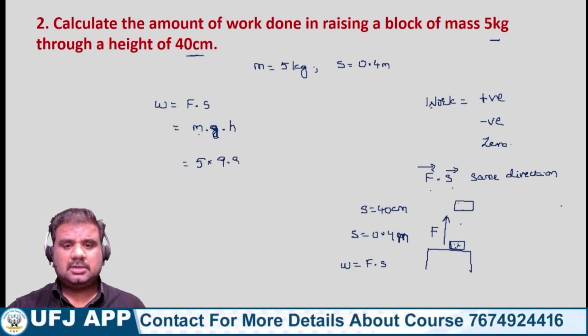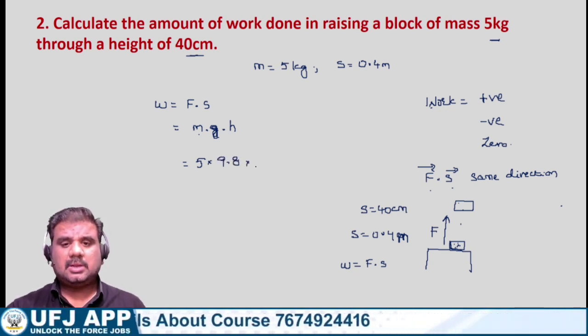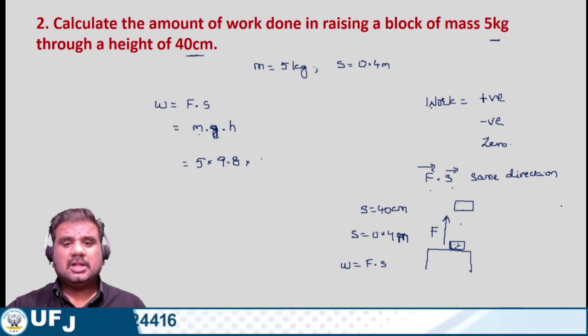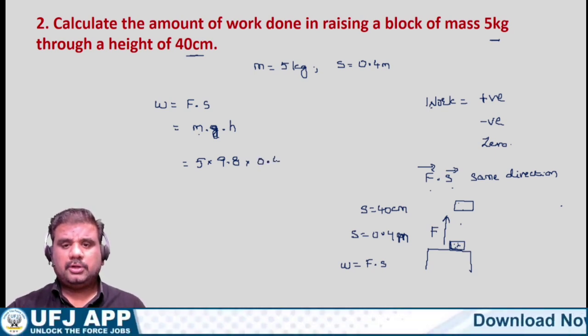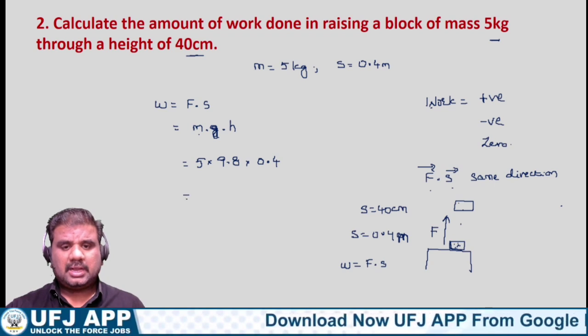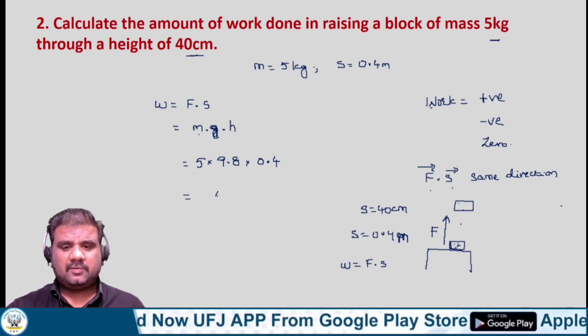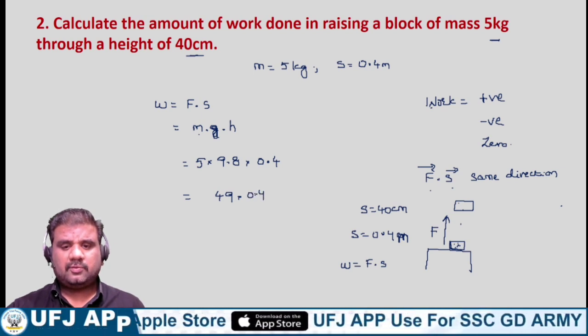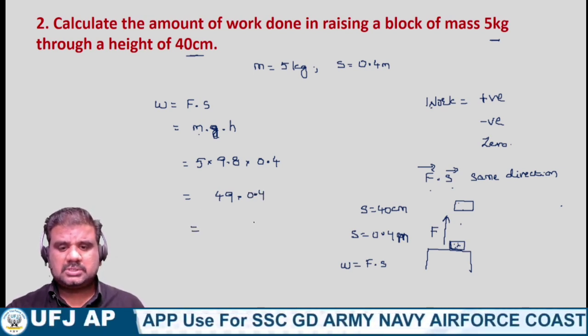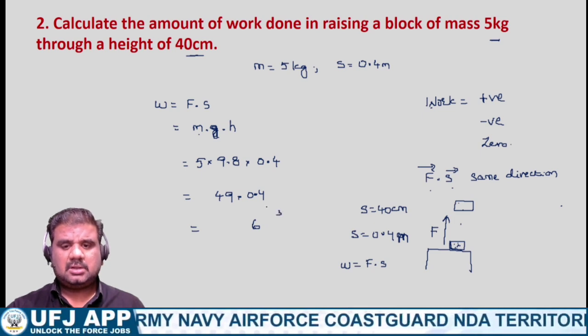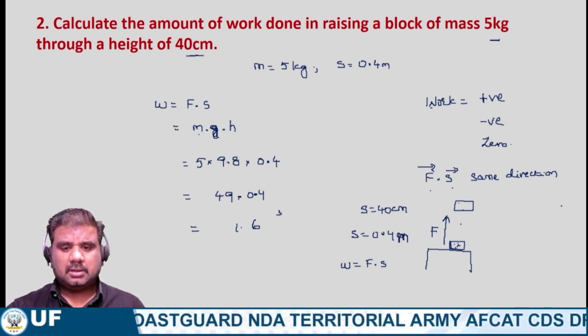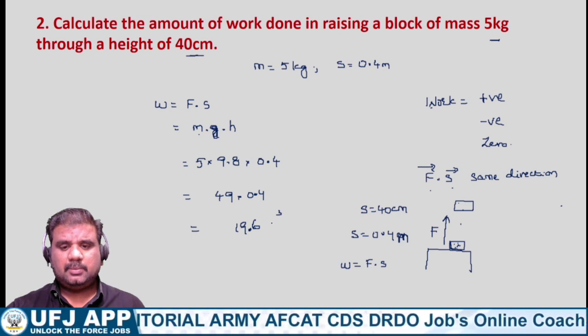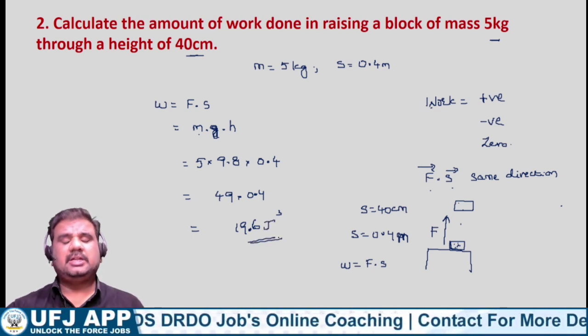G value ఎంత? 9.8. At the same time, what is the value of S or H? That is nothing but 0.4. So 9.8 into 5, that will give you around 49. 49 into 0.4. So 9 4s 36, 6 3 16, 19. So it is 19.6 joules.